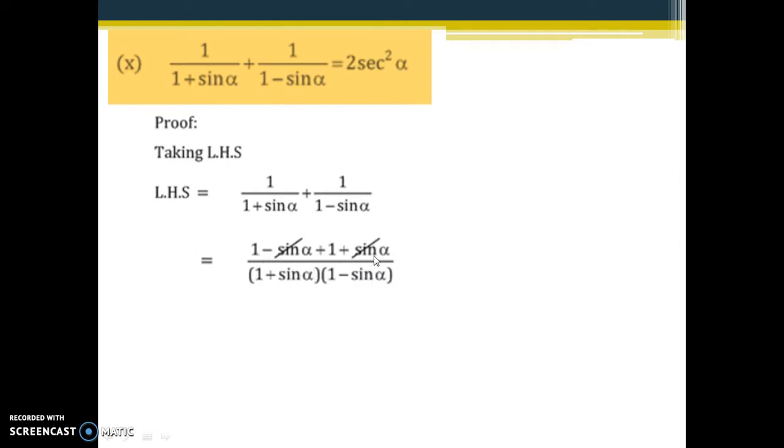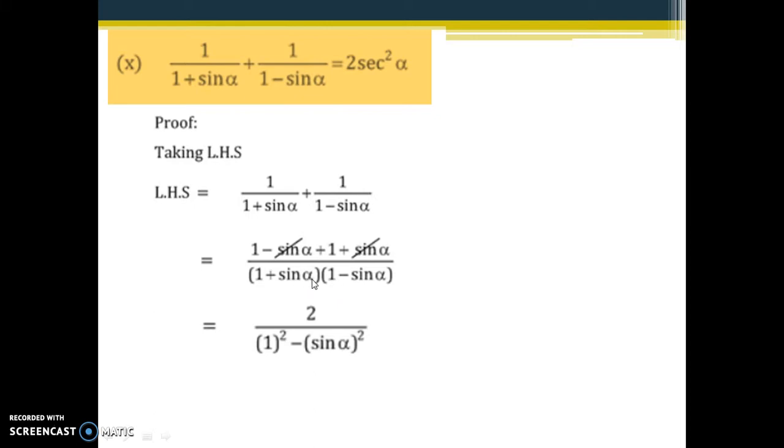Now in the numerator I have a negative sine alpha as well as a positive sine alpha. I have minus sine alpha and plus sine alpha. This can be cancelled. Okay, I have cancelled them now. So I get 1 plus 1 in the numerator, which will be equal to 2.